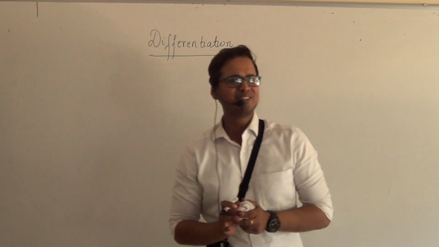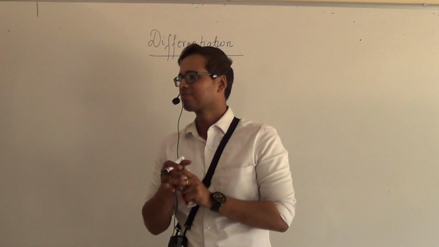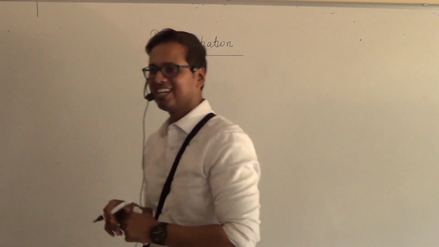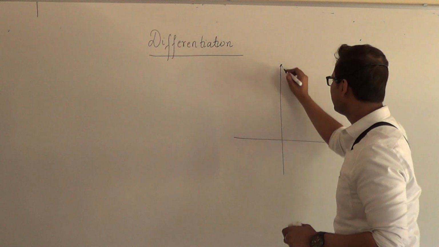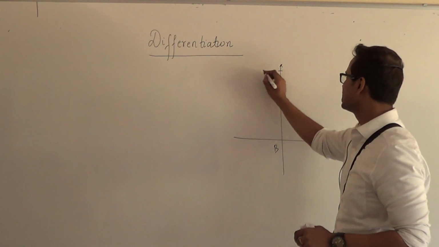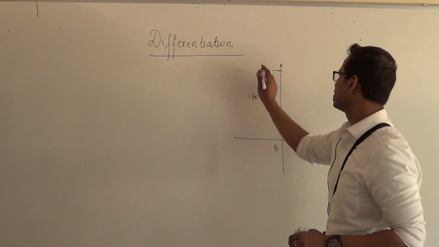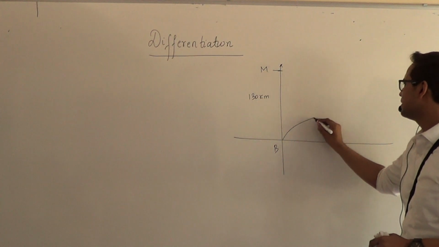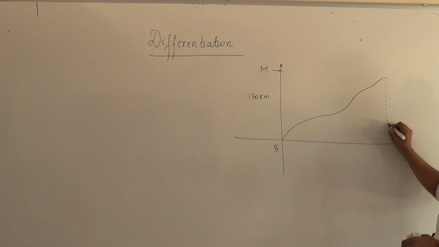Now, do you recall that in the beginning of the limits class, I had asked a question to you that you are traveling from Bangalore to Mysore, correct? Which is about 130 kilometers, okay, so this is your Mysore, and when you draw the displacement versus time graph, this is how your displacement versus time graph looked.